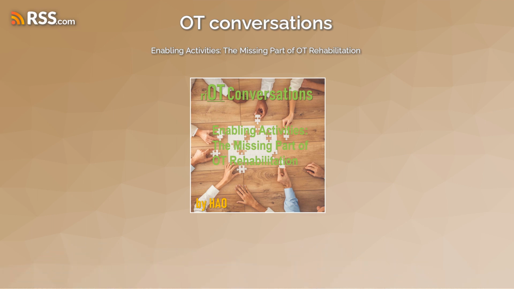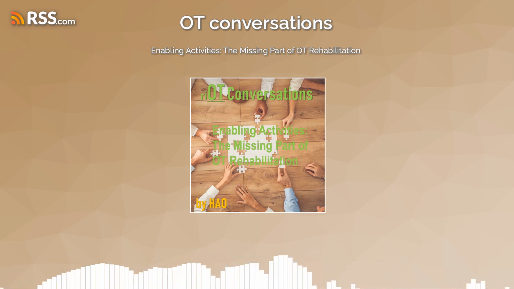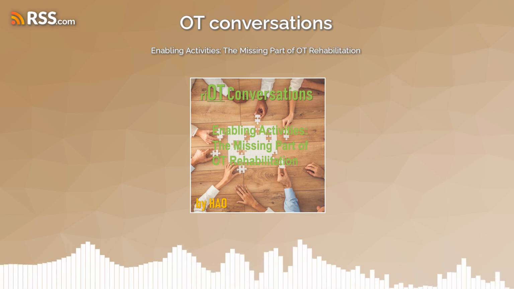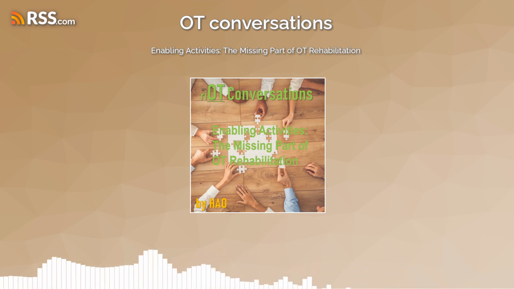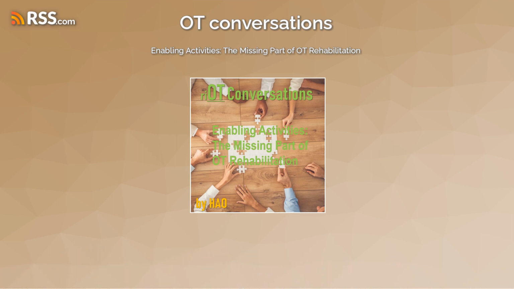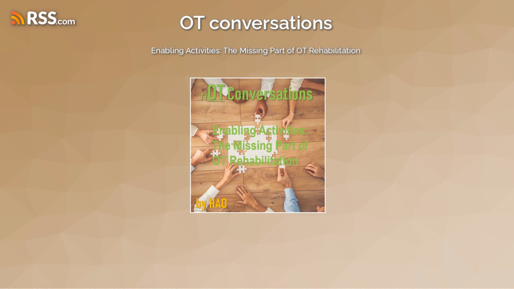So this occupational performance frame of reference is suggesting a continuum of rehabilitation, from the very first part, which was adjunctive therapies, followed by enabling activities, followed by purposeful activities, and then community reintegration. In this episode, I'd like to focus on enabling activities.